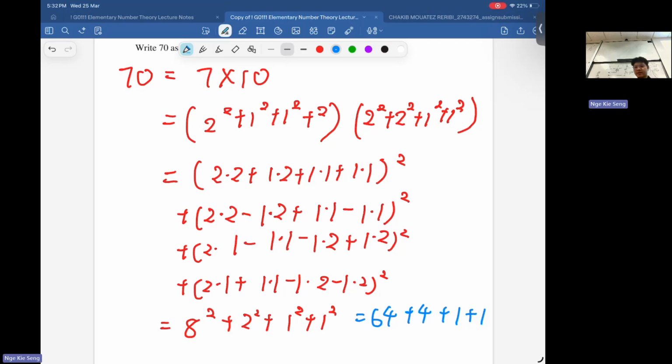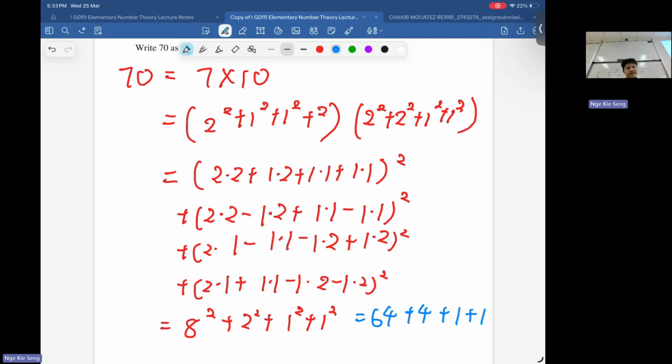Yes, so please make the signs right. Okay, so this is for this part here. Zero is allowed. If I write 10 directly as a sum of two squares, then I can just add zero squares.